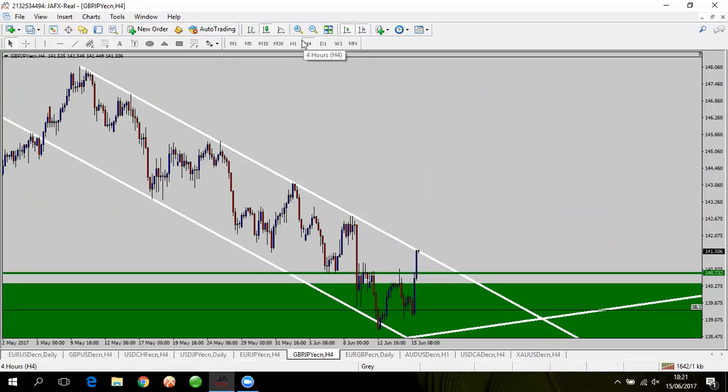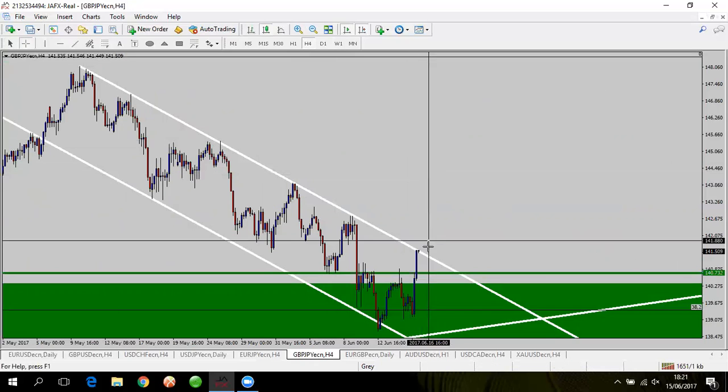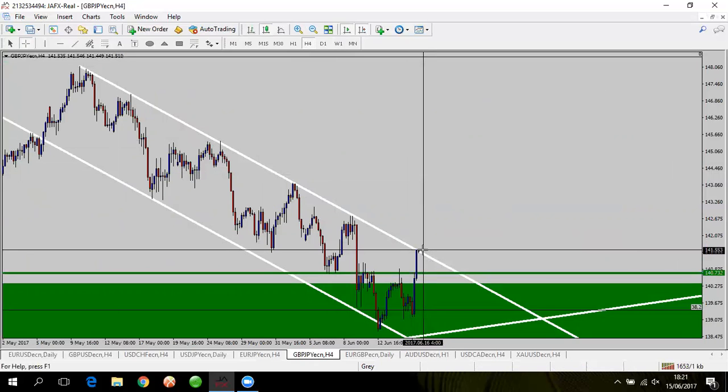A few tips to finish off that we would like to share that will help with your analysis: it might seem a little cliche, but buy low, sell high. Here's an example. We're right here. I am not a fan of trading breakouts.